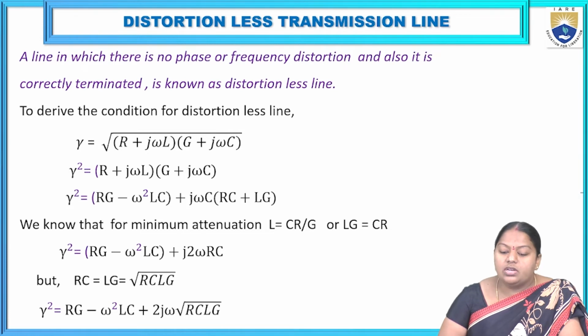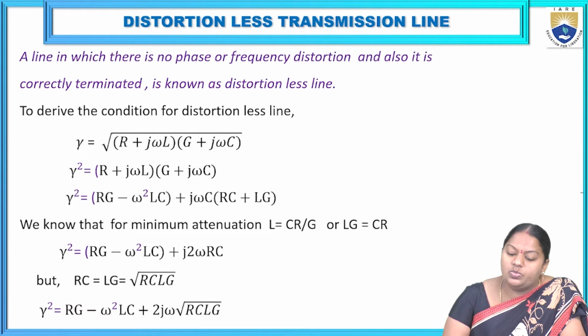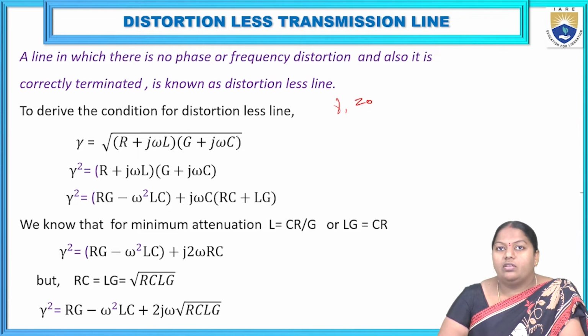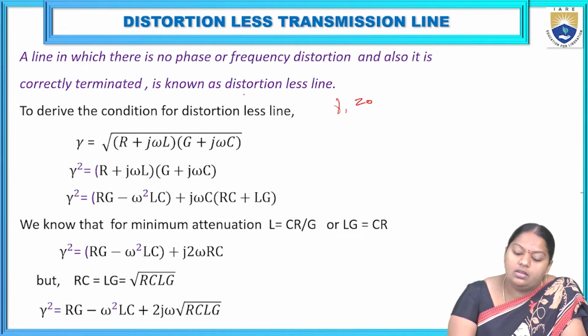Next, the distortionless transmission line. To evaluate this, we need to consider the propagation constant gamma and the characteristic impedance Z0. A line in which there is no phase or frequency distortion and which is also correctly terminated is known as a distortionless transmission line.